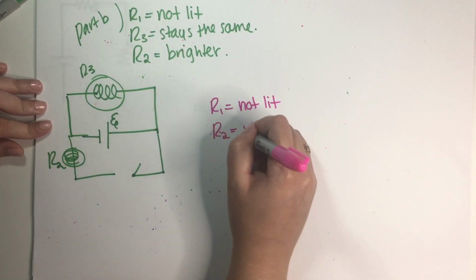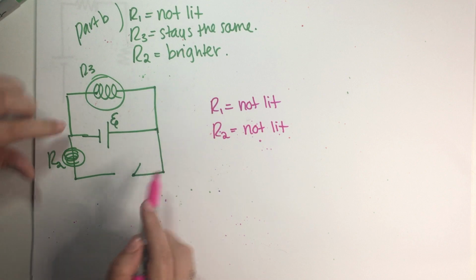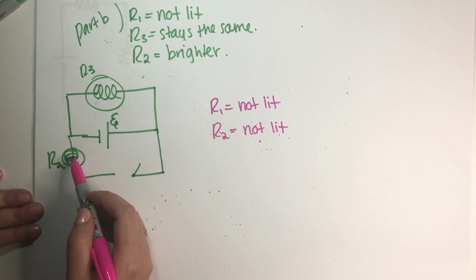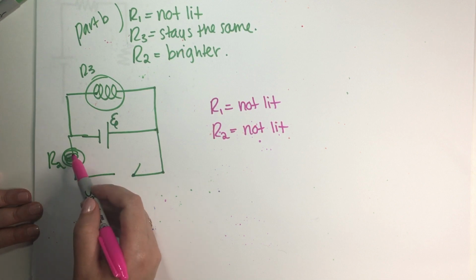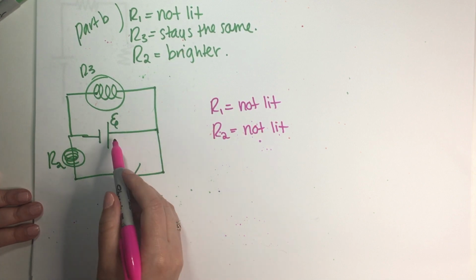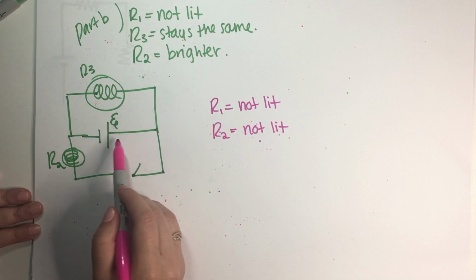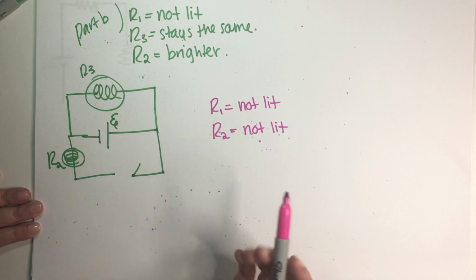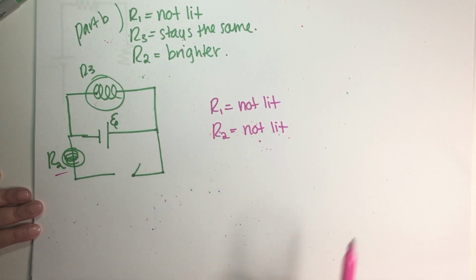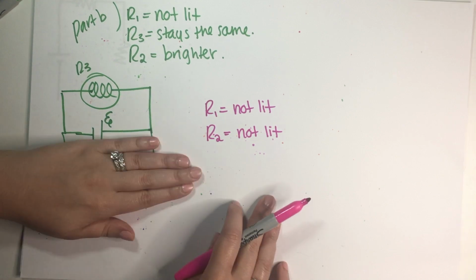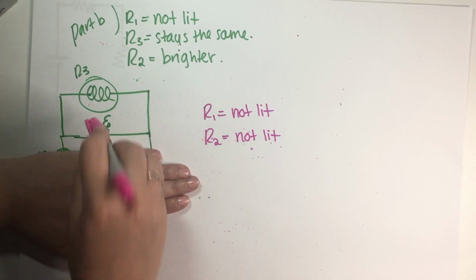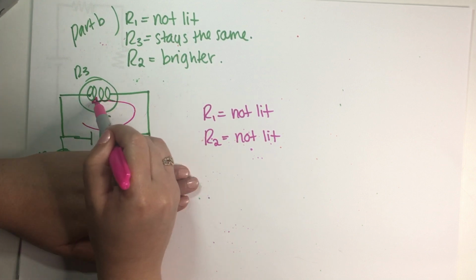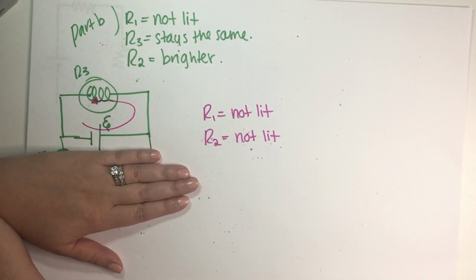R2 in this case is also not lit, because if the electrons can't complete a loop like this, then there is no charge consistently flowing through here, and because there is no charge, this one is also not lit. Now R3, of course, is different, because R3 is its own little branch, and you do have a current flowing through R3 like this.